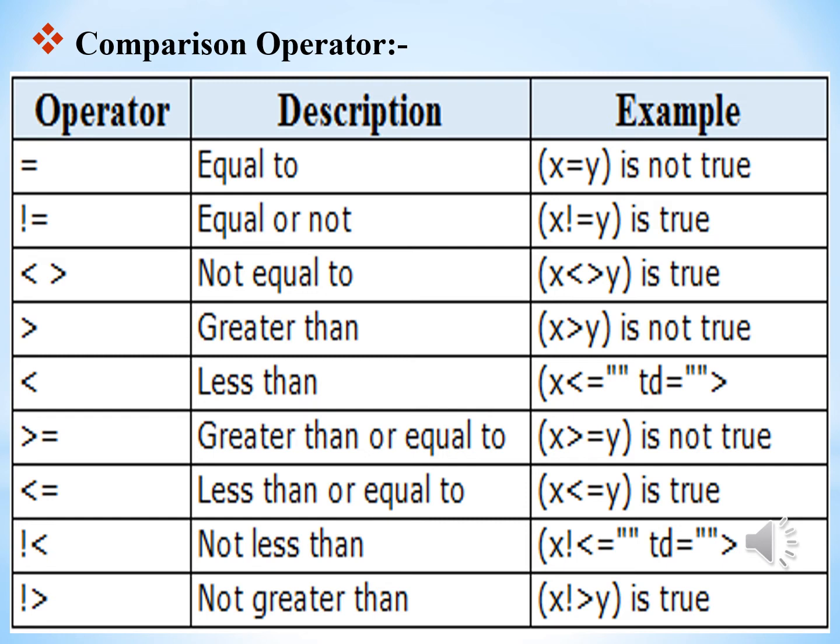So x greater than or equal to y is true. Then less than or equal to. It checks whether the left operand is less than or equal to the right operand or not; if so, the condition becomes true. X is less than or equal to y is not true.